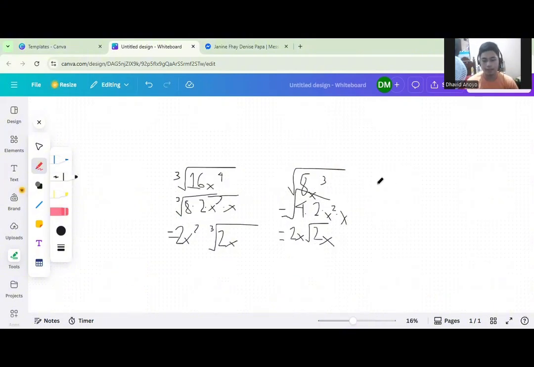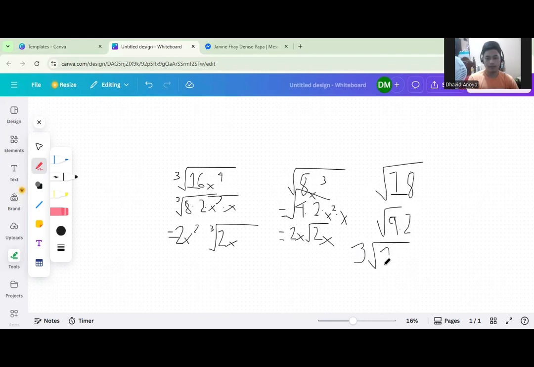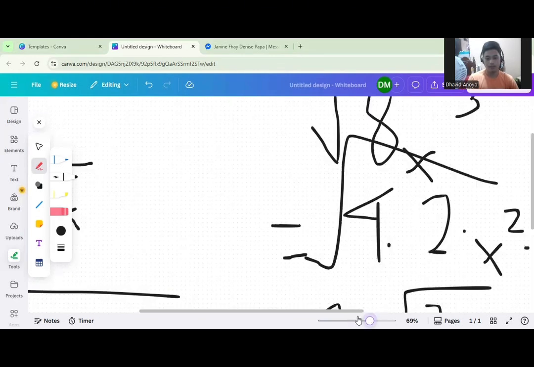Last example, the square root of, let's say, 18. 9 times 2. So the answer is 3 square root of 2.